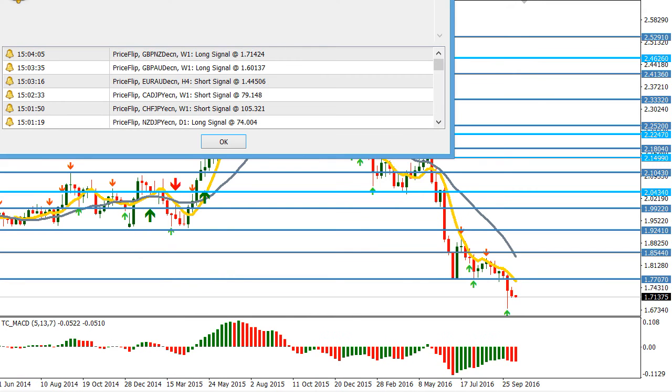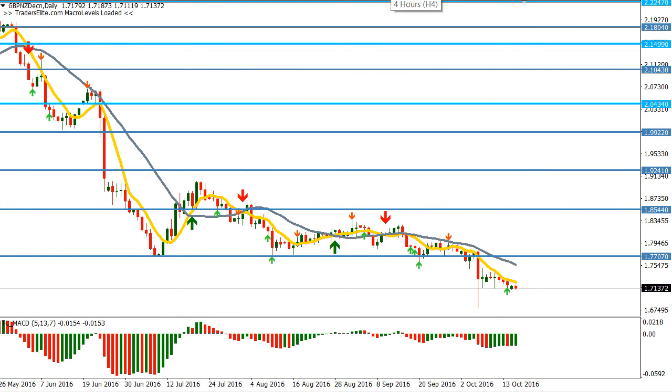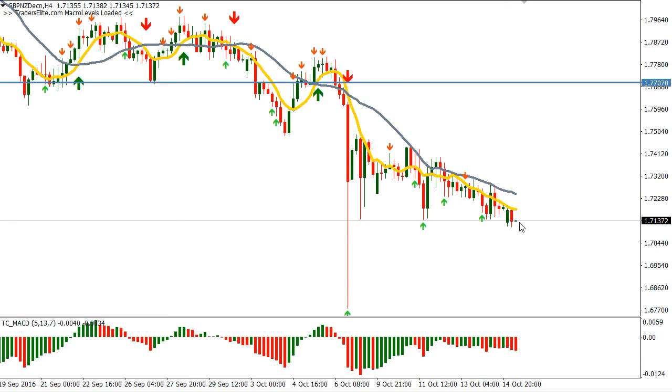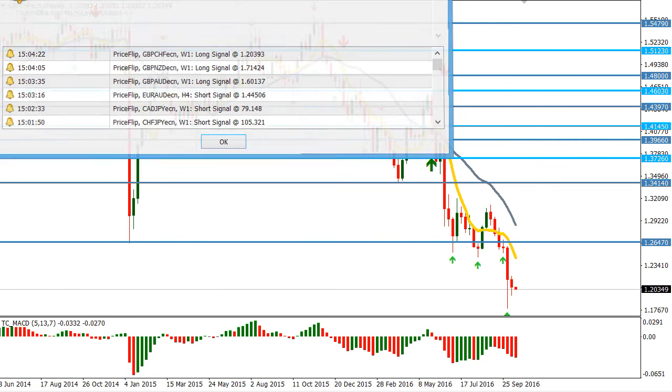Pound Kiwi on the weekly, we're looking very much down, drifting a little bit on the daily and on the 4 hour drifting as well. So that's a bit of a tricky one to really call at this stage. Pound Swiss, it's been looking like crossing over for some time, but it just hasn't.